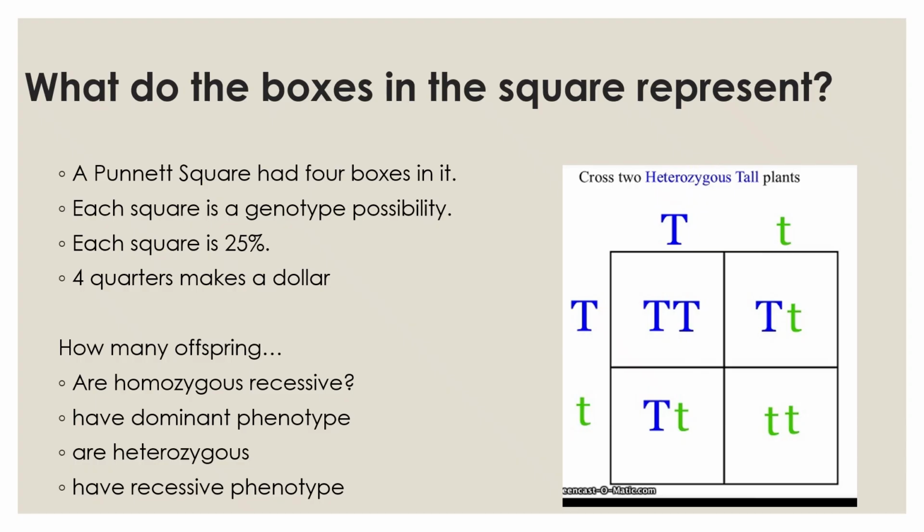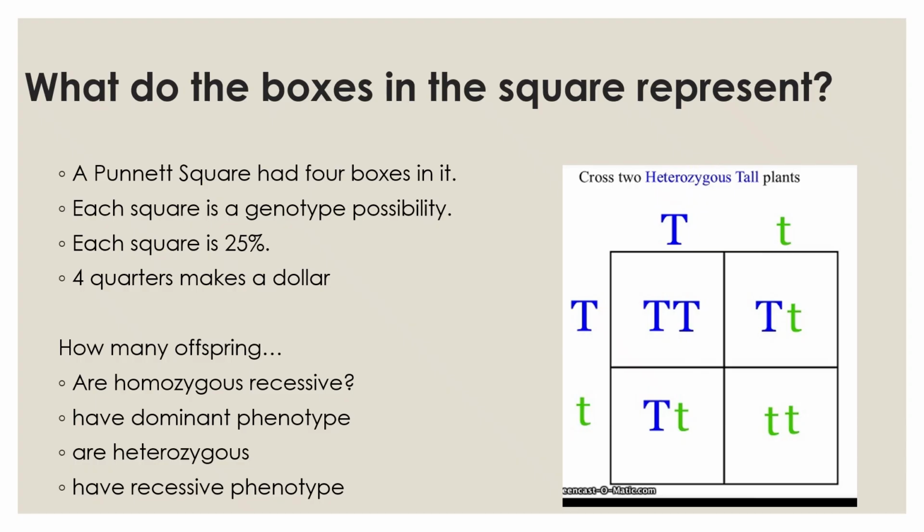So let's dig a little deeper into that, shall we? A Punnett square has 4 boxes in it. Each box is a genotype possibility, and it represents a 25% chance of a specific genotype occurring. So remember, 4 quarters make $1. Each quarter is worth 25 cents.